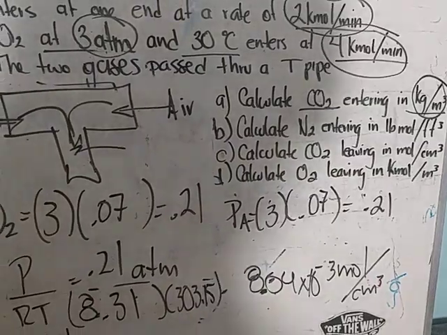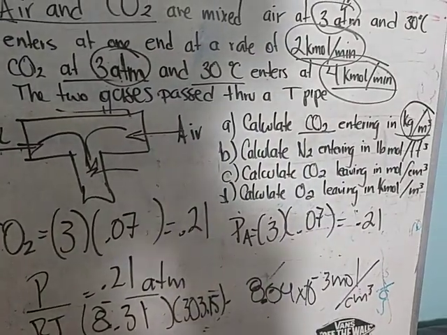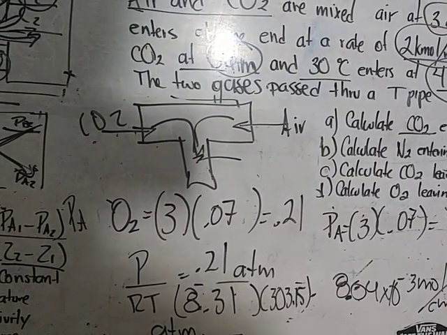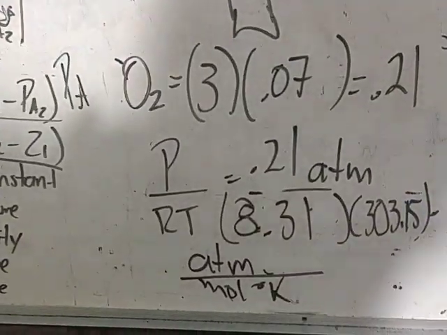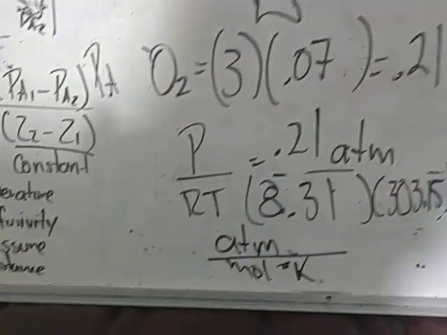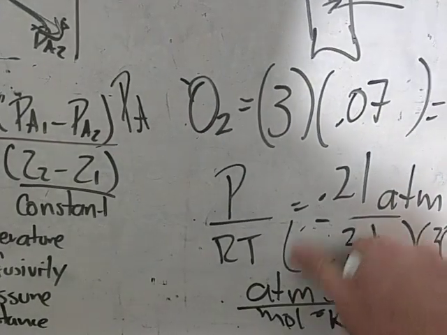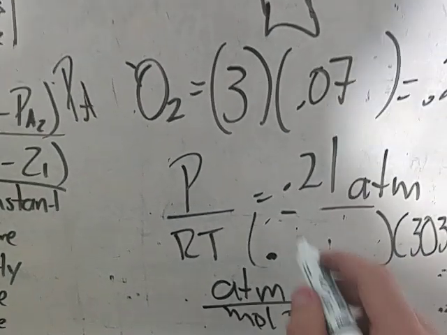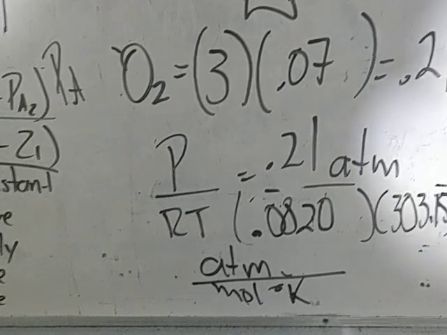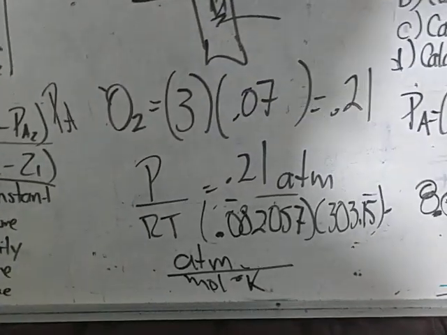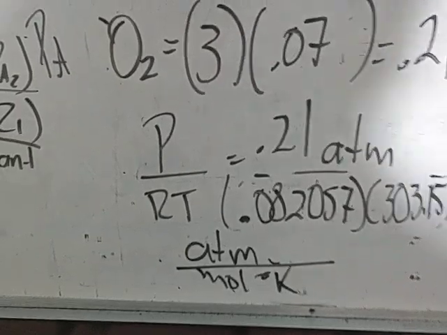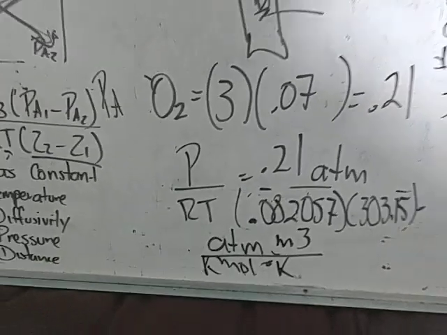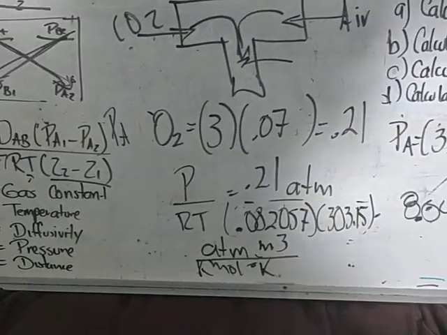What terms do we need? Well, we can work in different things. Let's think about the first constant that we used. The first constant that we used was 0.082057. That was the first constant, and the units were atmosphere, cubic meter, kilomole, and Kelvin.